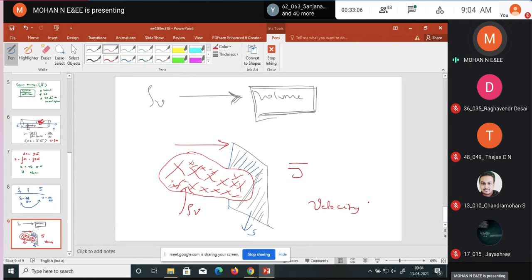That is the movement of this volume charge through the given surface. So that movement you can relate to the velocity vector, and hence to the current density vector.